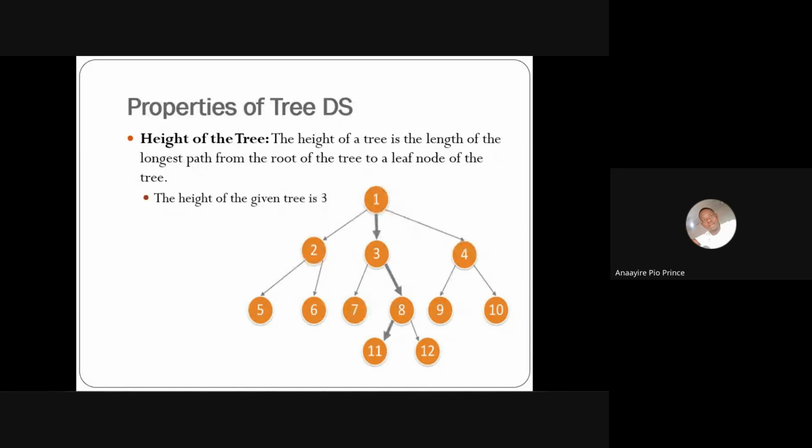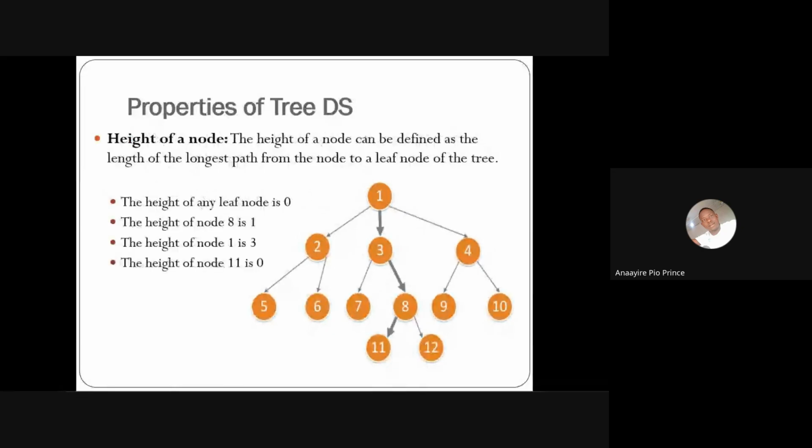You said the height starts from the leaf, and the leaf is 0, and it will go up to the parent of the node, and that's where it ends, right? Let me clarify this. It depends on the node you are asked to find its height.